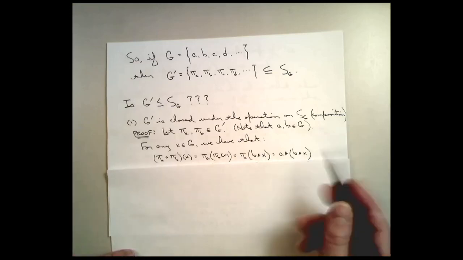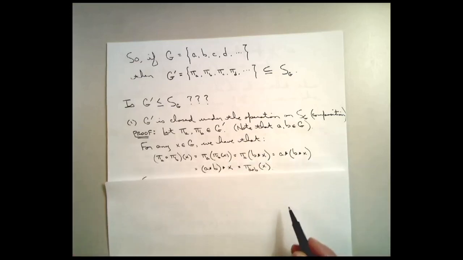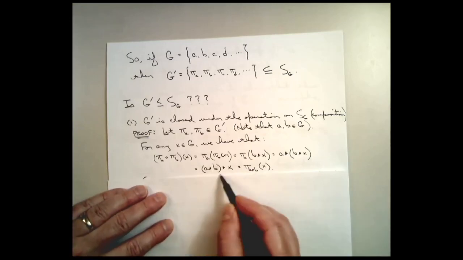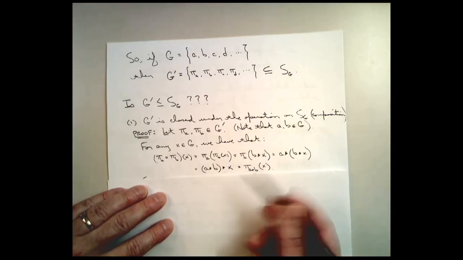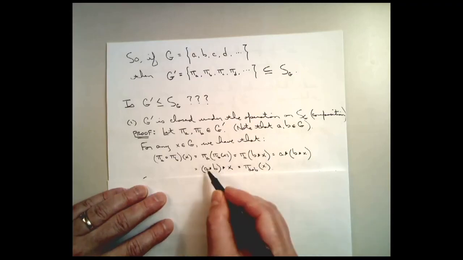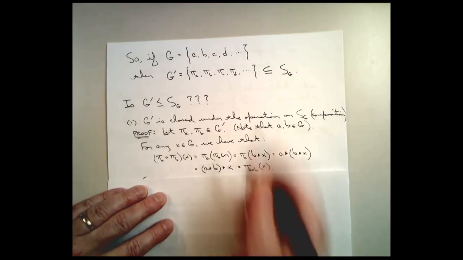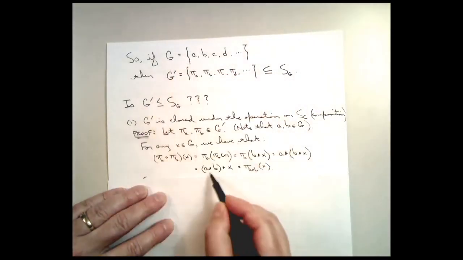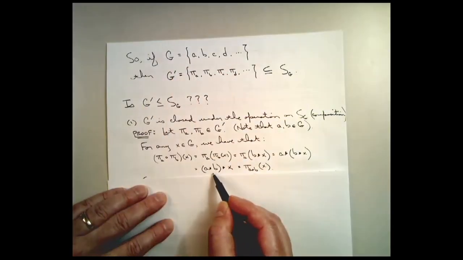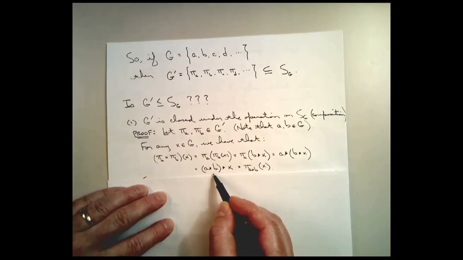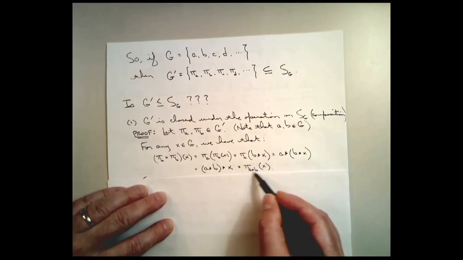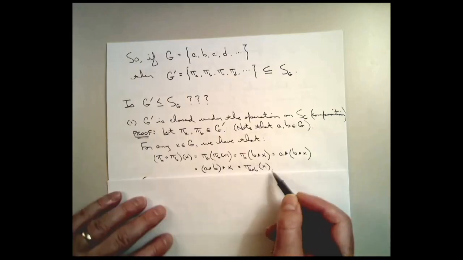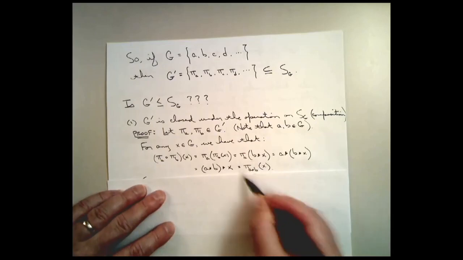But we're in a group. The operation's associative. So I can write this as A times B times x. But isn't that exactly, keep in mind, A times B is a member of G, right? A times B is in G. And so I can recognize that this element of G times x can be written as pi sub that element of G of x, right? This is one of the things in G prime.